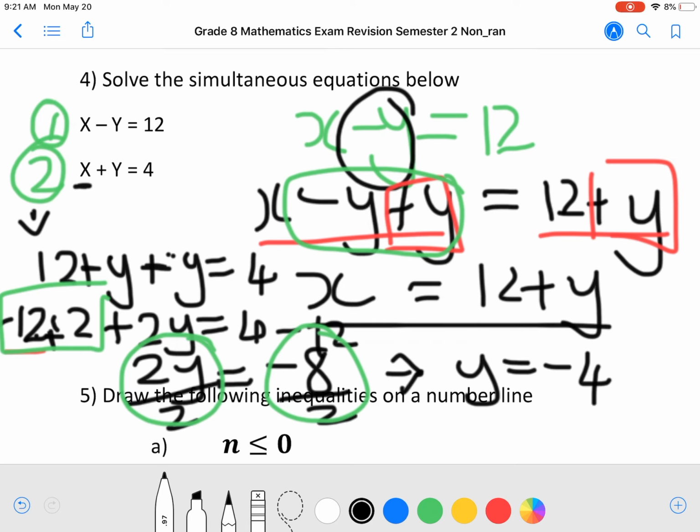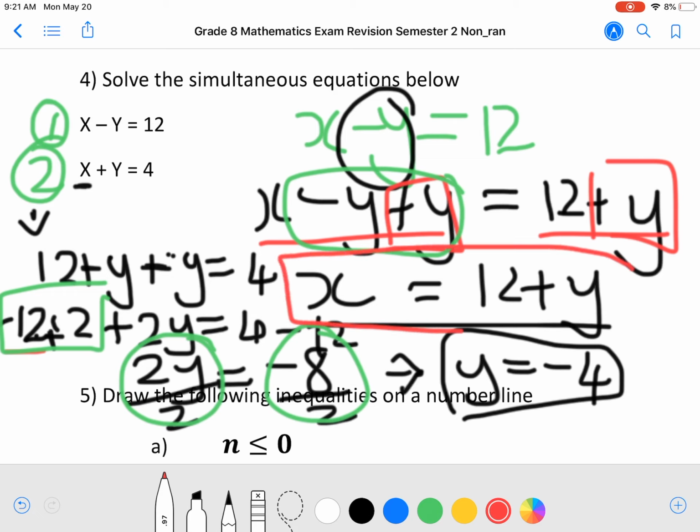That was a long-winded way of doing that, but if y is equal to minus 4, we can substitute that into this equation over here and then find x. So x is then equal to 12 minus 4, which is equal to 8.